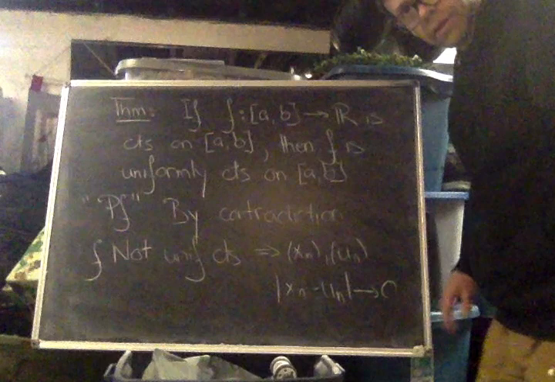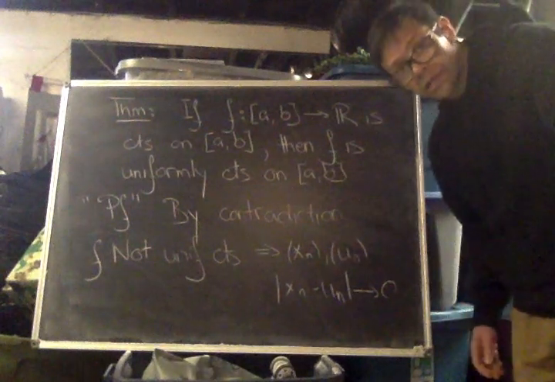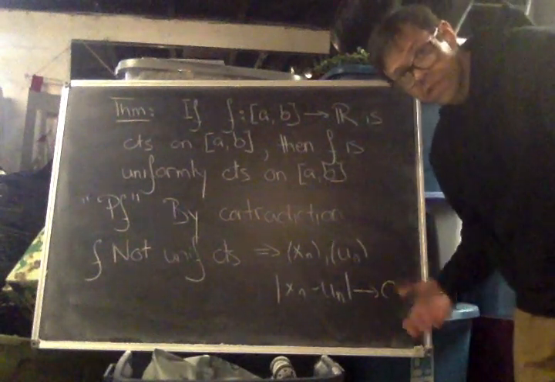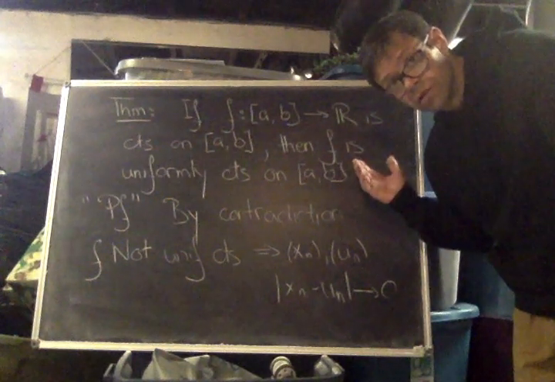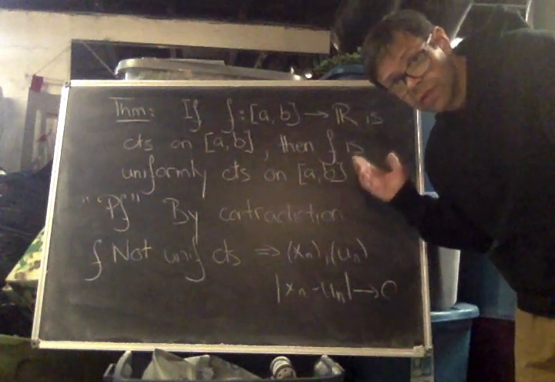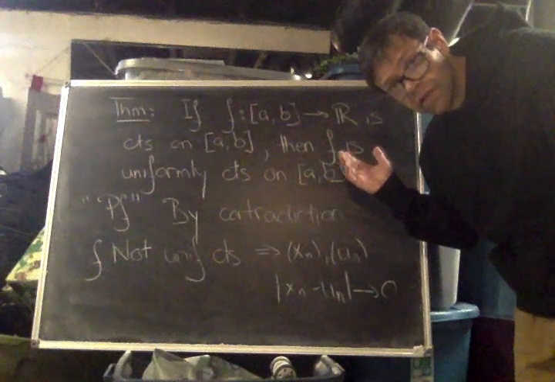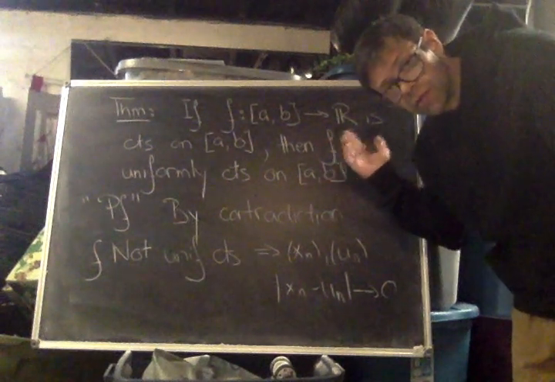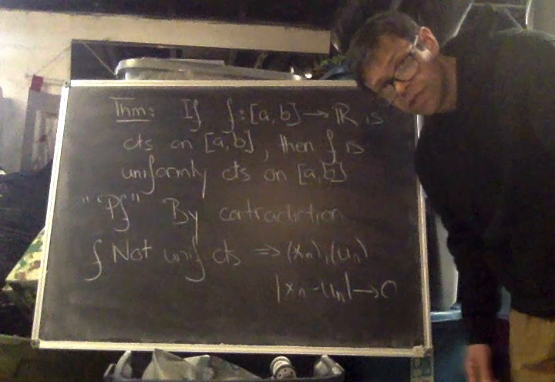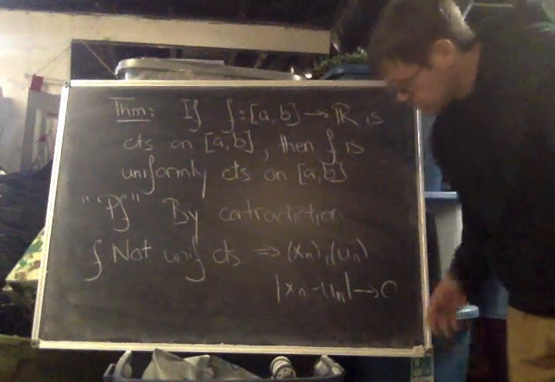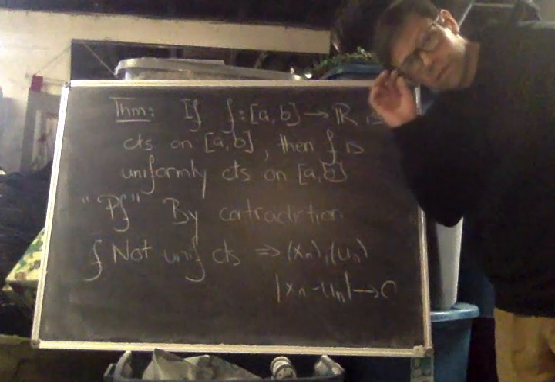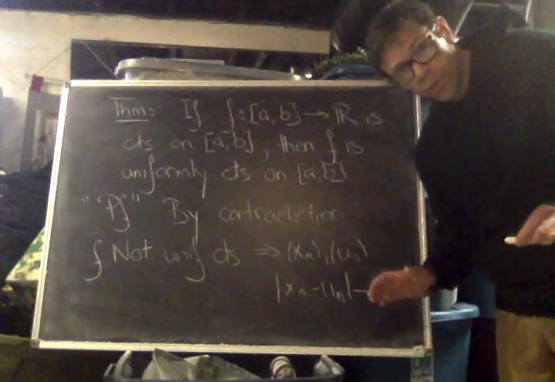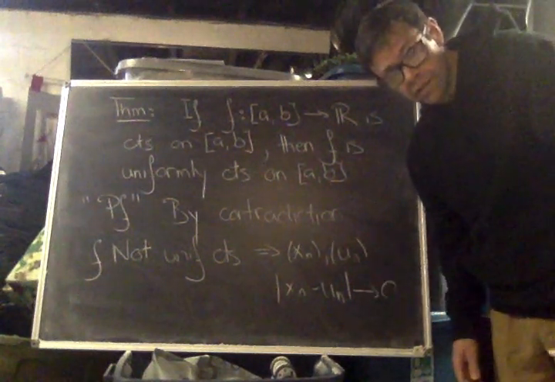Right? Now, what we want is for this to somehow contradict basic continuity, right? Because that's the fundamental assumption, right? The domain is the closed interval from a to b, and the fact that f is continuous at every point in that domain.